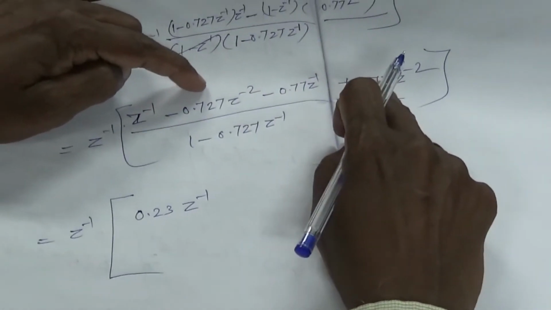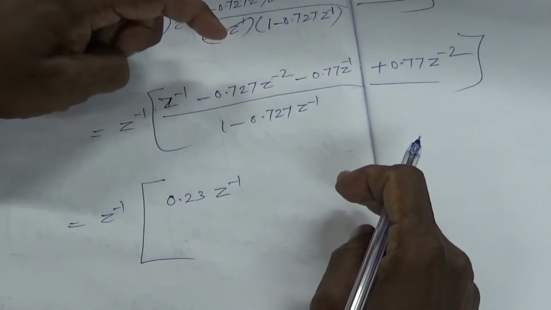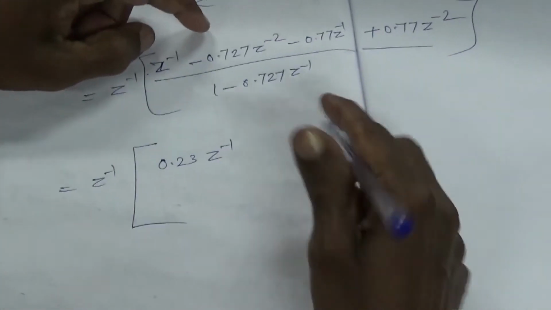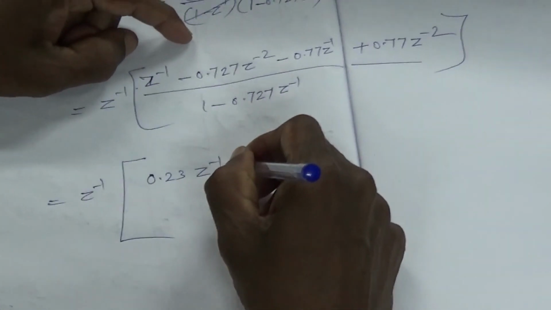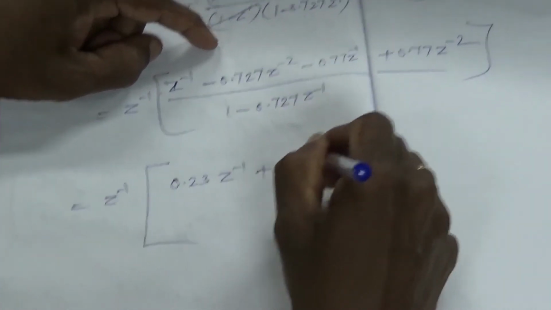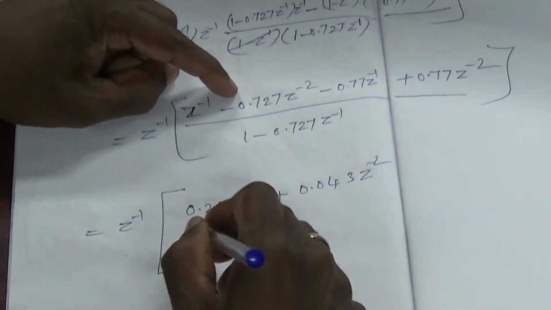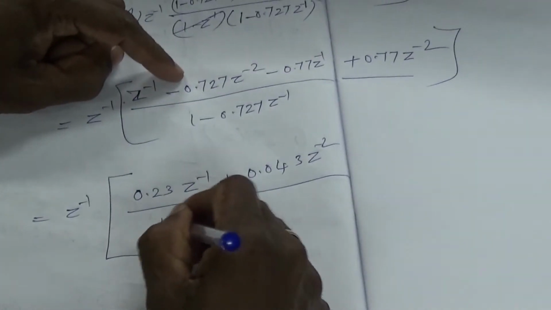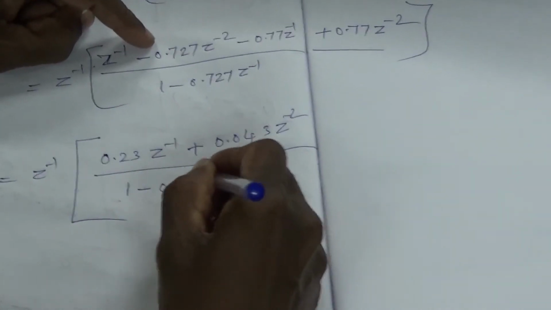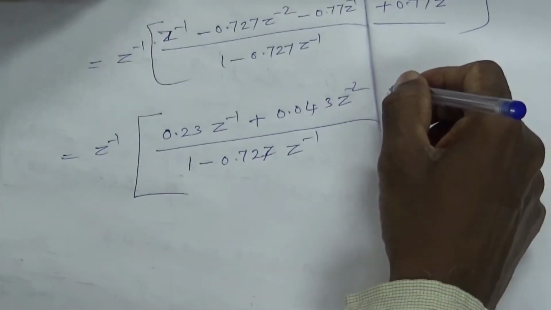Here 0.77 minus 0.727 is plus 0.043 z power minus 2. So the denominator is 1 minus 0.727 z power minus 1.